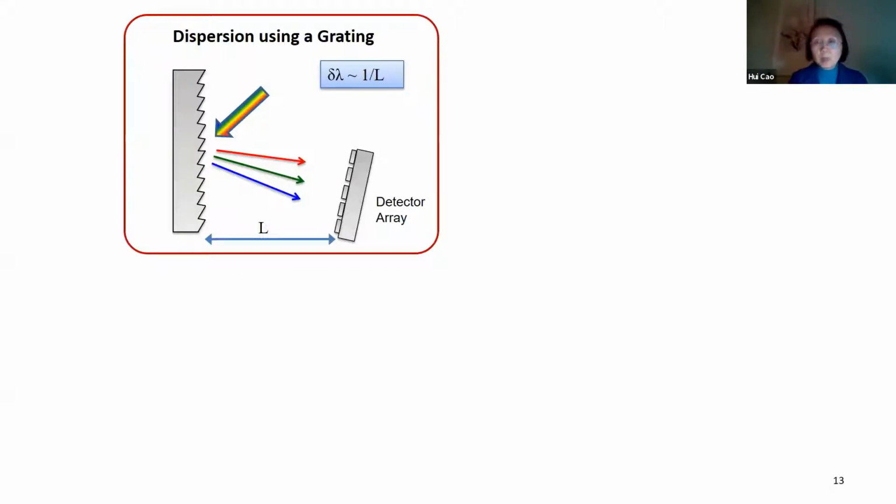So only after propagating over a long distance can they be spatially separated and then measured by different detectors. Therefore, the resolution for those spectrometers typically scales as 1/L, where L is the dimension of the spectrometer. That's why a bigger spectrometer can have better spectral resolution.